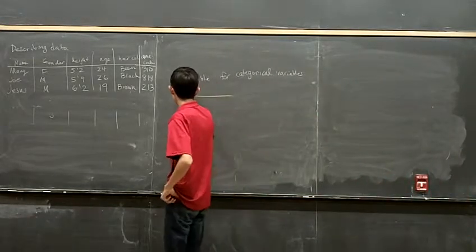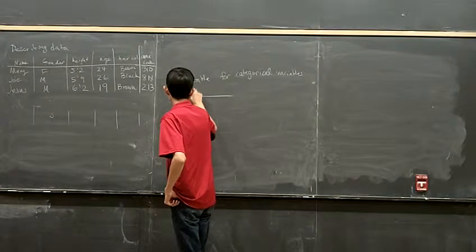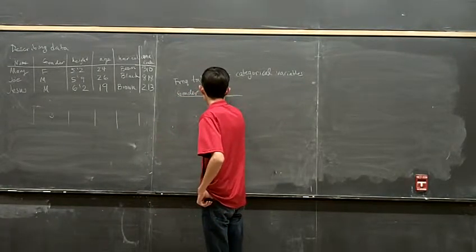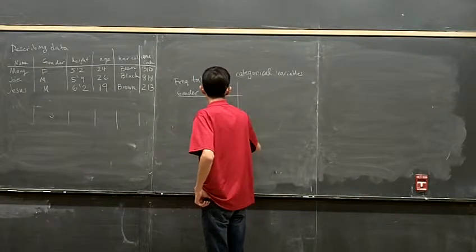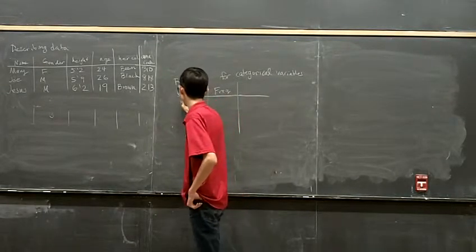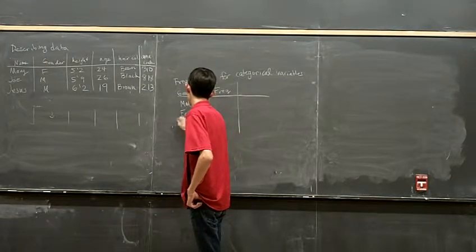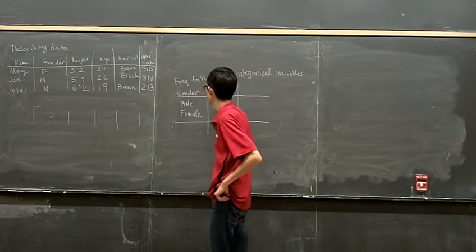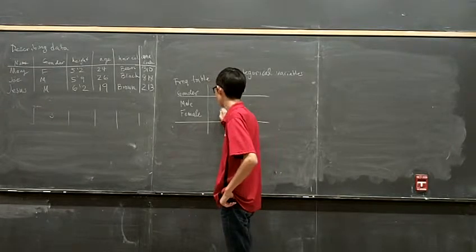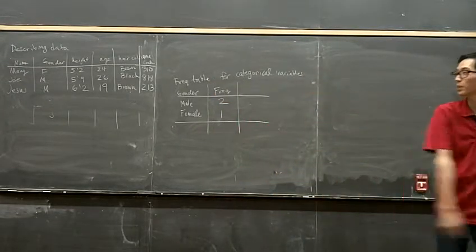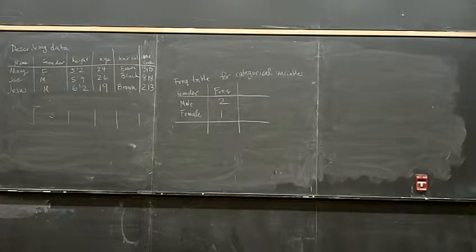So, for example, we can do gender, and we do frequency. And so I would write male, female, and we would say 2 males, 1 female. Okay, that's for the three lines that we have in our table.